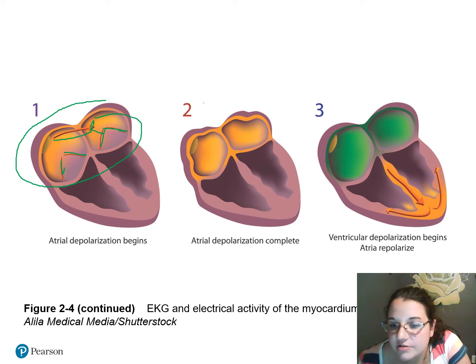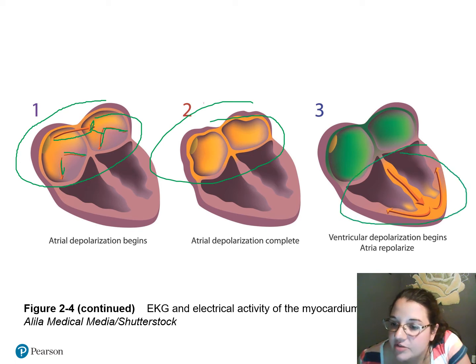Then atrial depolarization is complete. We're completely highlighted. And I am now going to send that electrical signal down into my ventricles. So now my ventricles are starting to contract while my atrium is relaxing.